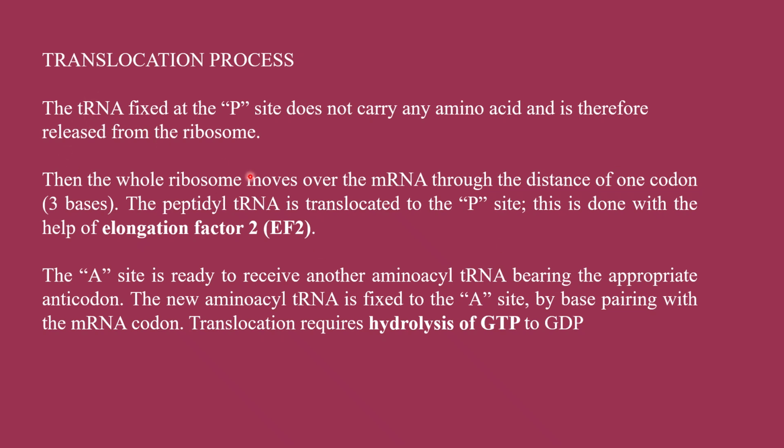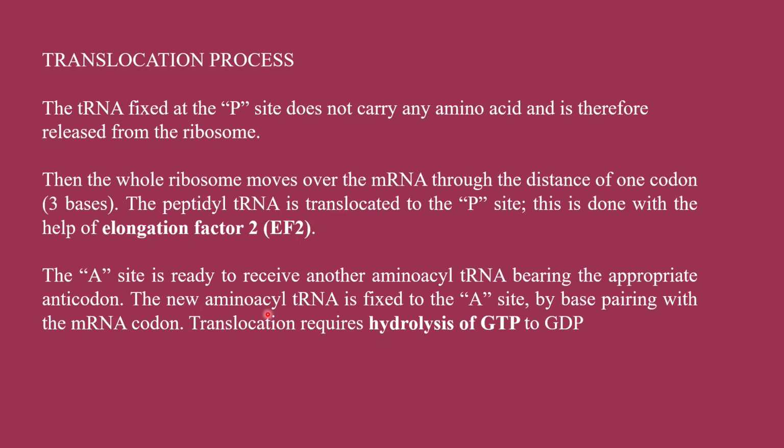So the translocation process, as I have already told, the tRNA fixed at the P site does not carry any amino acid and is therefore released from the ribosome. Then the whole ribosome moves over the messenger RNA through the distance of one codon, the peptidyl tRNA is translocated to the P site, and this is done with the help of elongation factor 2.